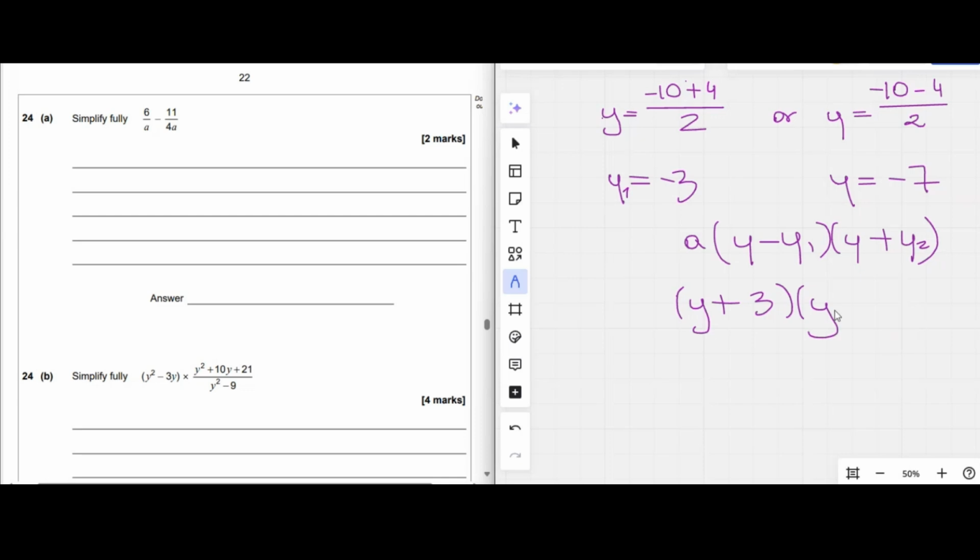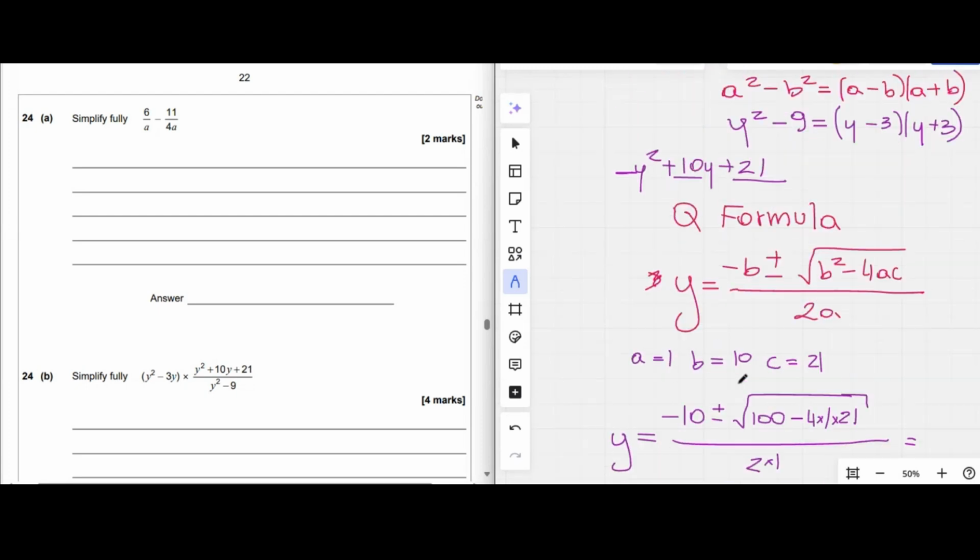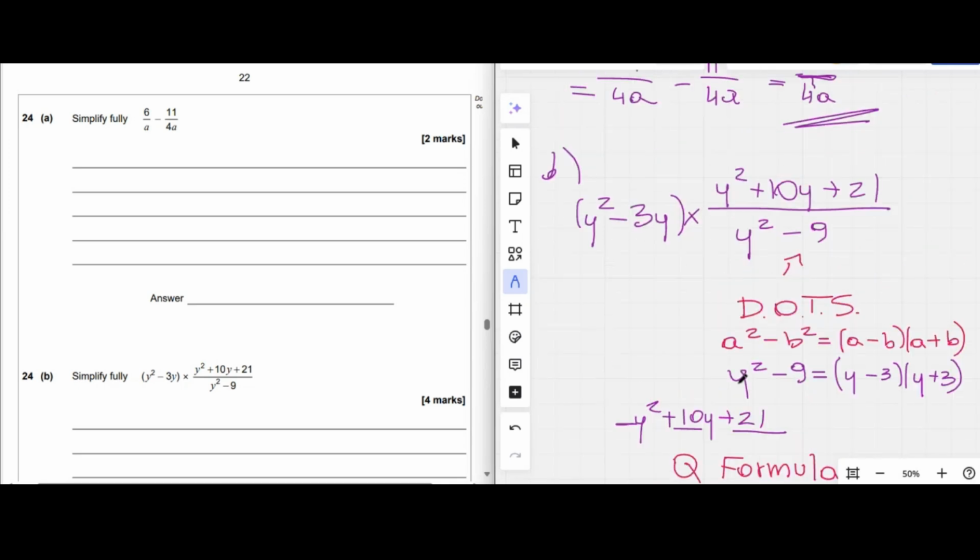And then another one is y plus 7. Sorry, there should be a minus as well: minus first y and then minus second y. So plus 3 and plus 7 in both. Okay. So now let's go back to the question.